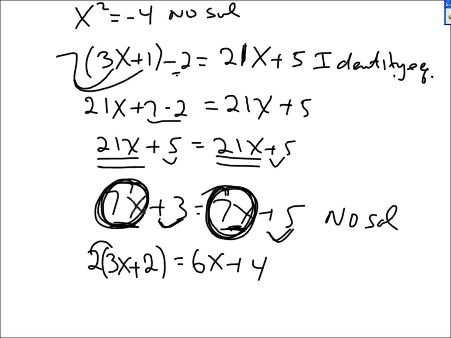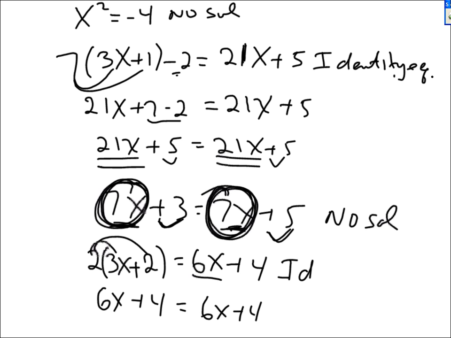Well, I see 6x and I see 6x. 6x plus 4. Oh, 6x plus 4. They're identical. We call them an identity equation. If you take away 6x from both sides, you will have 4 equals 4.